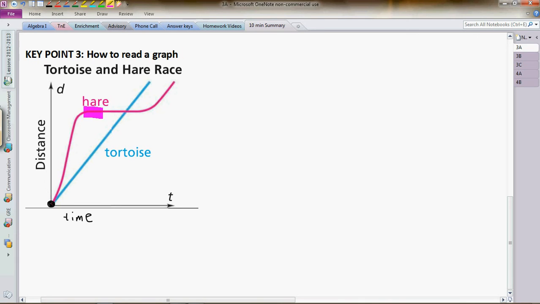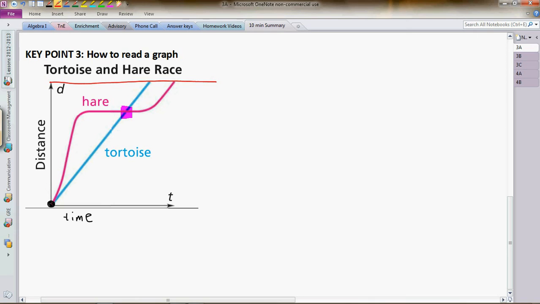But right here, it's flat. A flat line in a distance time graph means the object is not moving. So the hare is taking a nap. Then at this point the tortoise is overtaking the hare, and the hare is still sleeping while the tortoise keeps going at a constant rate.